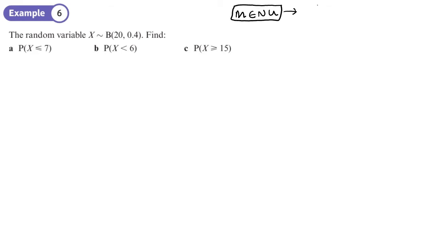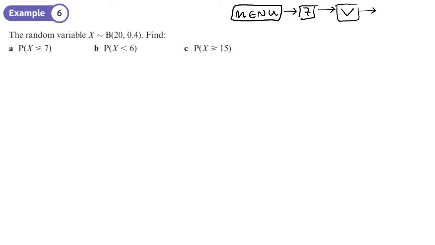Then we're going to do number 7. You'll see it's a little picture of a graph, a distribution. Once we've done that, we need to press the down button because we need to access more of the menu. And we want binomial CD.